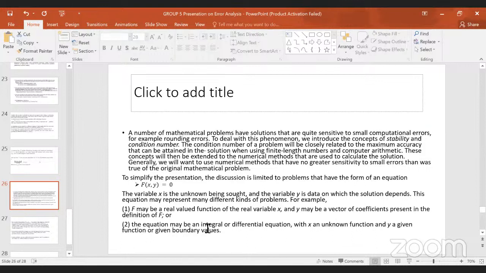For example, f may be a real valued function of the real variable x, and y may be a vector of coefficients present in the definition of f. Or the equation may be an integral or differential equation with x an unknown function and y a given function or given boundary values.